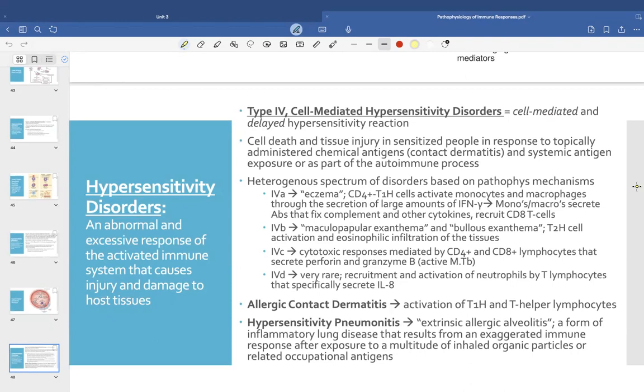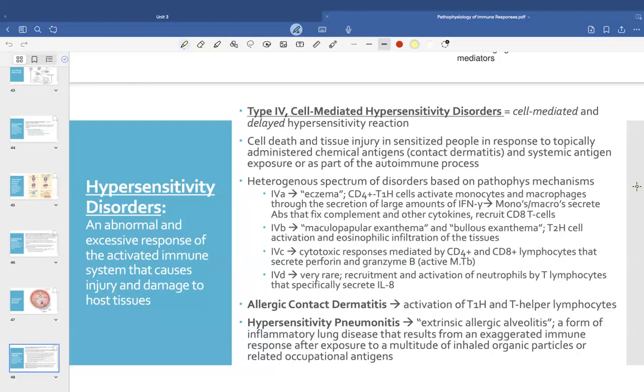Contact dermatitis is one example, but there are other subcategories. Within your type 4 hypersensitivity reactions, there are 4 different areas. 4A is eczema, and we're looking at T lymphocytes that activate monocytes and macrophages.